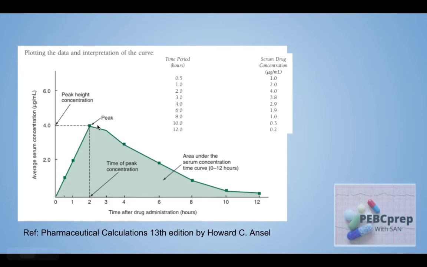That is, this is the amount of drug that was present in the blood. This is the table that we take with the time and the serum drug concentration. We took this table, this calculation, and then we plot this graph.